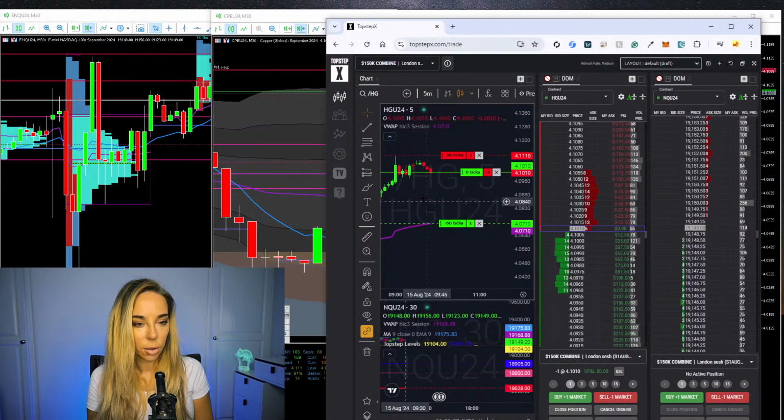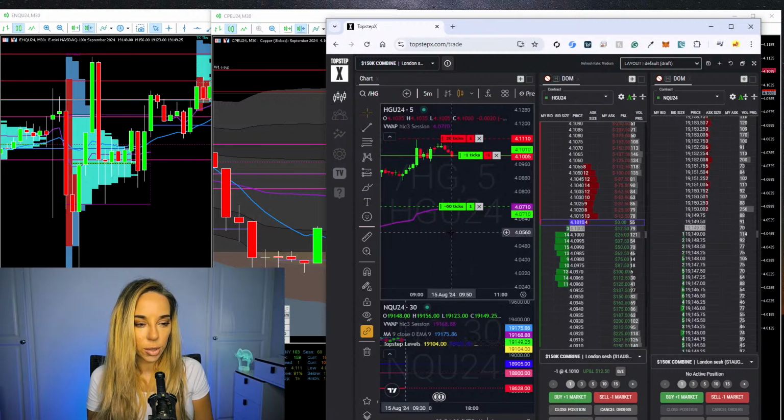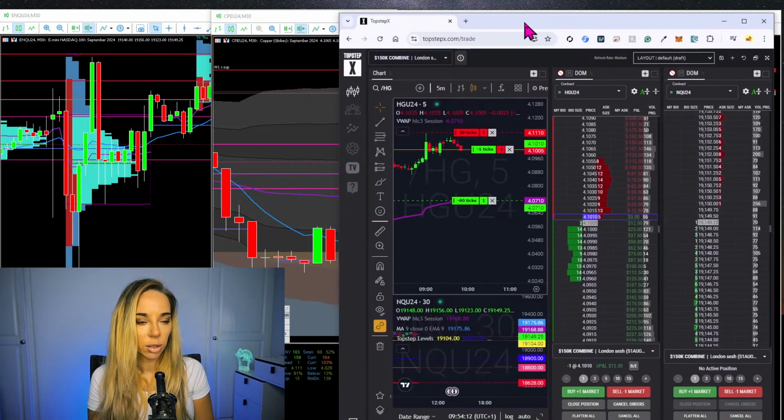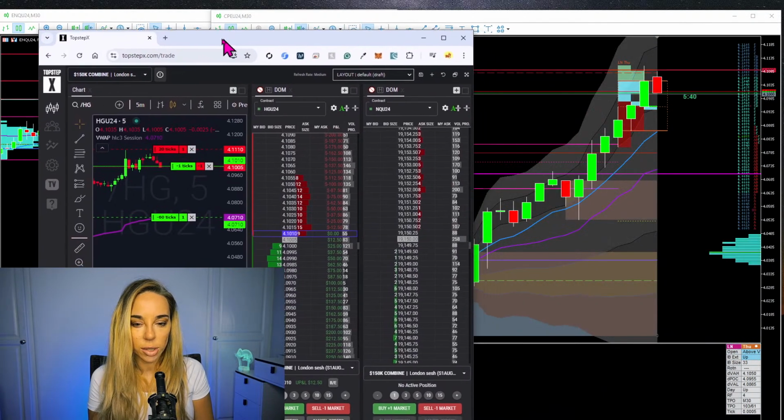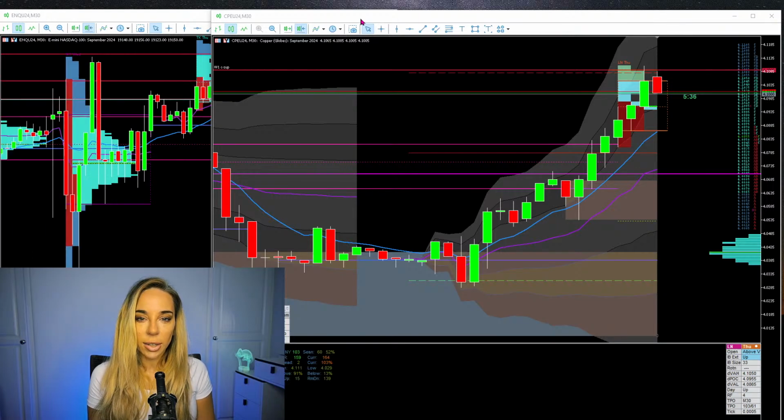All right, so risking about 20 ticks here and aiming for the VWAP at 40710, for 60 ticks. So that's a pretty good risk reward, 3 to 1. I would be happy with 2 to 1 as well, because that's kind of my default thing. So let's see where that falls on this chart. 40710.